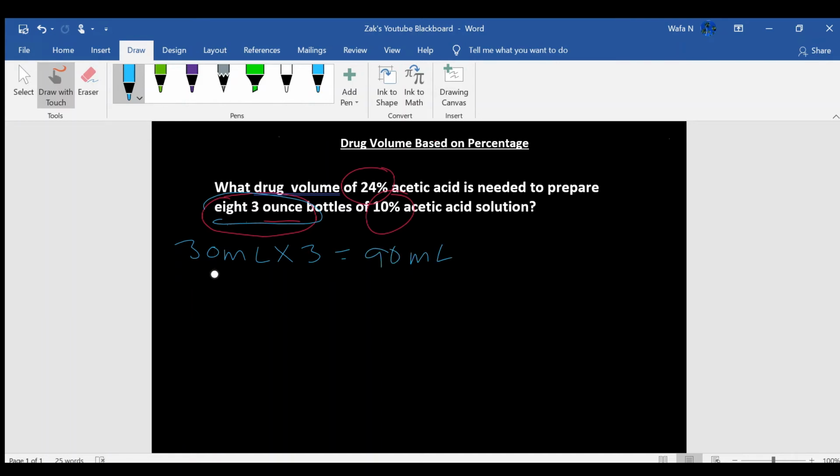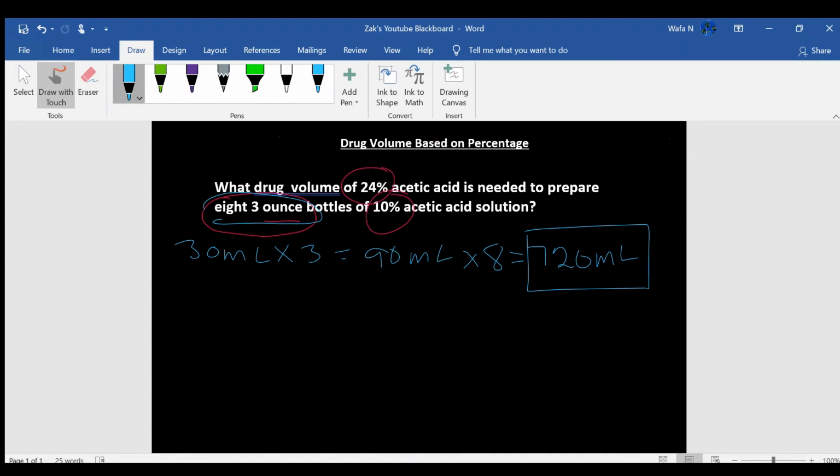However, there are 8 of the 3-ounce bottles, so we have to multiply the 90 by 8, and we get 720 milliliters. This 720 milliliters is an essential number that we're going to need to set up our problem.